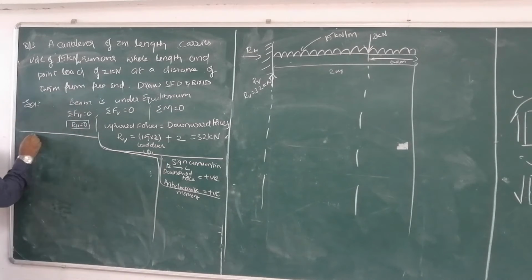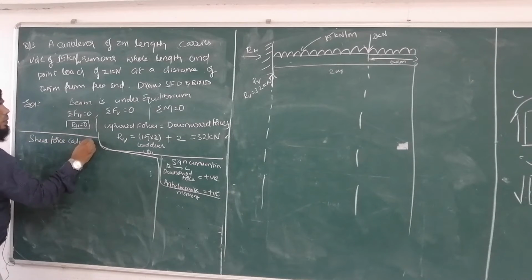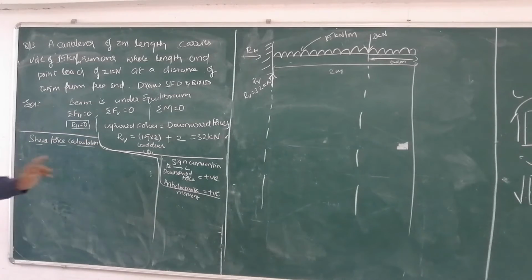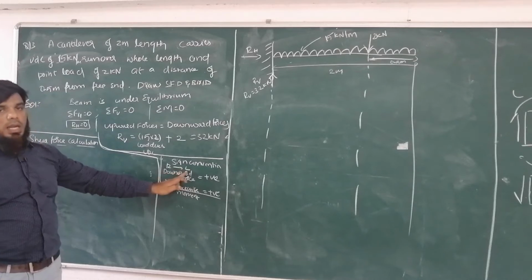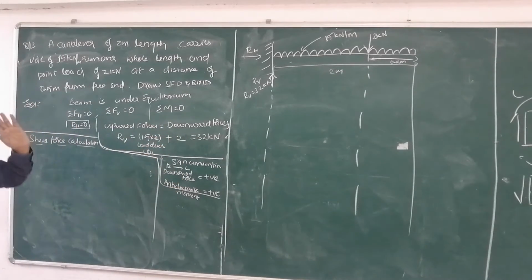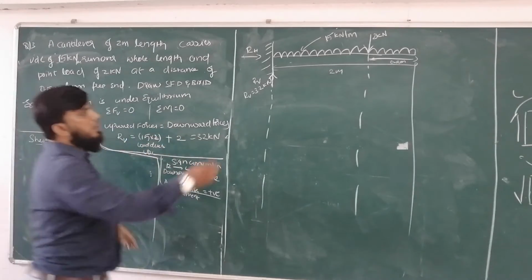So I will write here shear force calculation. When I do the shear force calculation, where are we starting from? Right to left. Let us give names to the points.